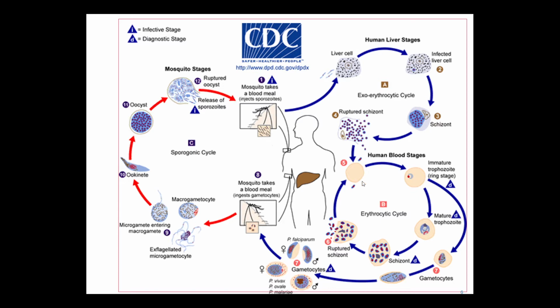So it goes into erythrocytes, immature trophozoites, ring stage, then mature trophozoites, and may go to schizont and rupture and the cycle repeats, or goes to form gametocytes, which is the sexual form, and these gametocytes swim in peripheral blood and may be ingested by a mosquito for the cycle to continue.